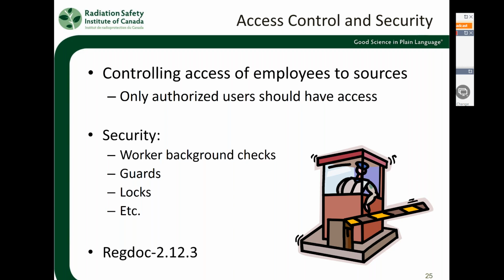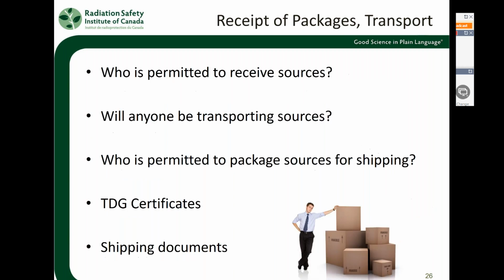What locks do you have? Are there locks on the case? Are there locks on a cupboard? Are there locks on the door? Who has access to the keys or codes to ensure the sources are secured? And if they are taken off-site, how will sources be kept secured off-site as well?